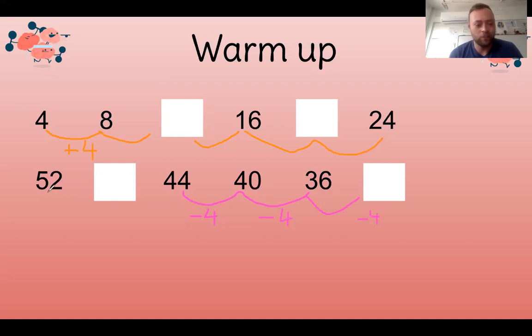And it means this one, I'm going to take away 4. And hopefully if I get the right answer, when I take away 4, it will give me this answer. Okay, pause right now. See if you can work out those missing numbers. Can you? Are you sure?